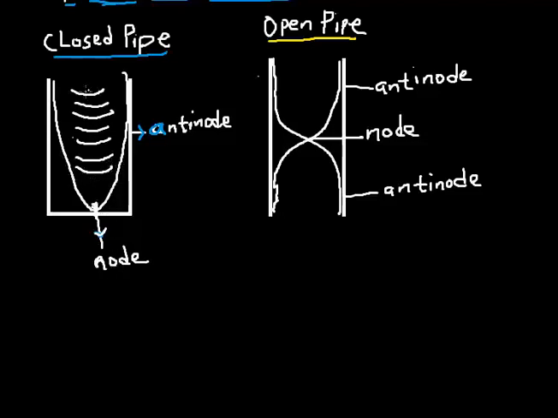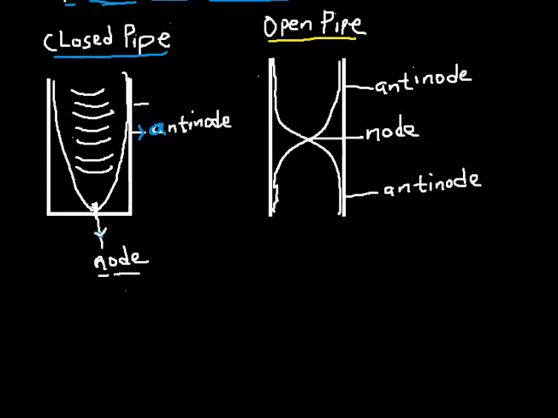So for a closed pipe, the closed end will always be the node of the wave, while the open end will always be the antinode. Please take note of that. The closed end is the node of the stationary wave, while the open end is the antinode.